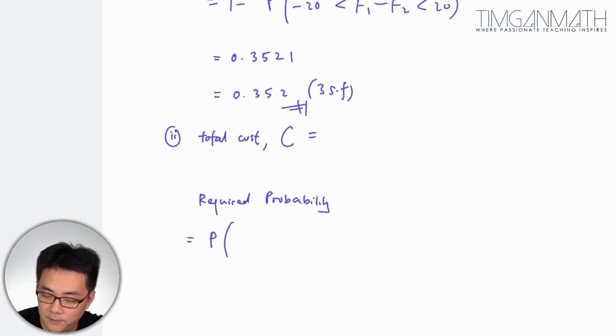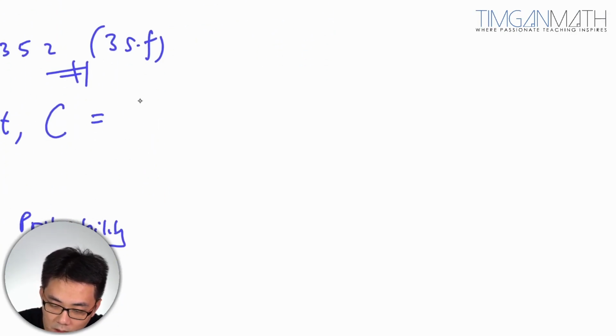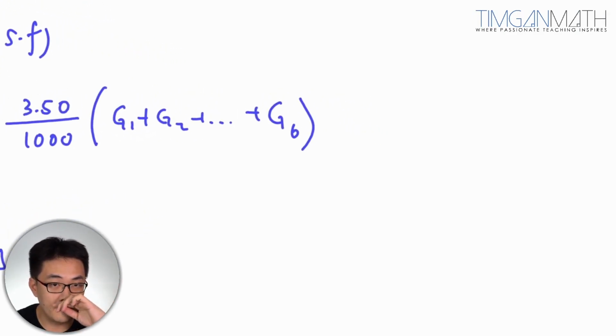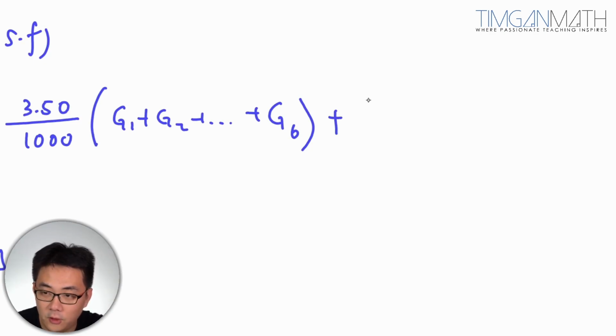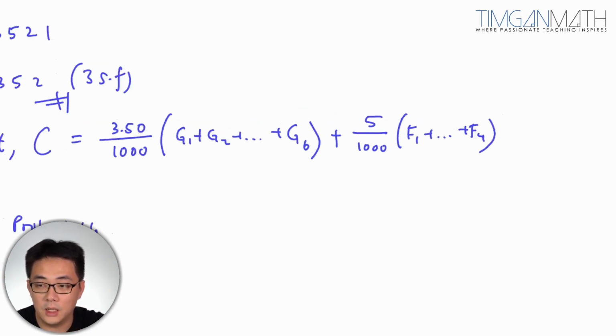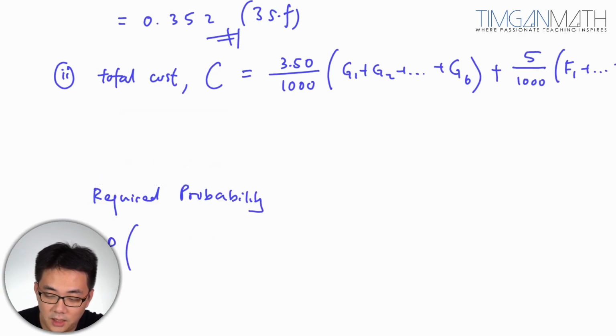That will be 350 over 1000, and you have got 6 Granite Smiths, so G1 plus G2 all the way to G6. And you have got 4 Fuji apples, so it's 5 over 1000, and this is F1 all the way to F4.